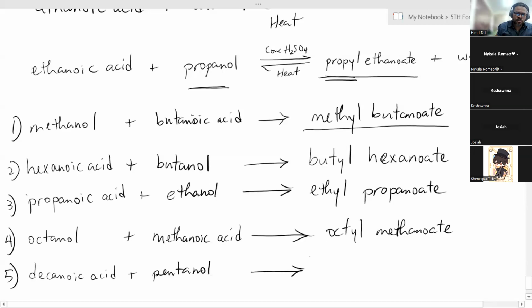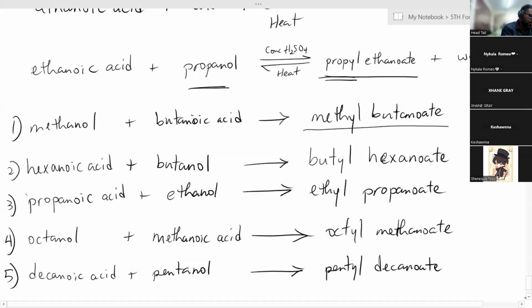Zane, this is for you. What is the name? Pentyl decanoate. Right, pentyl decanoate is correct. As you all would see, once you get the name of the alcohol and the name of the acid, it's easy to name the ester.